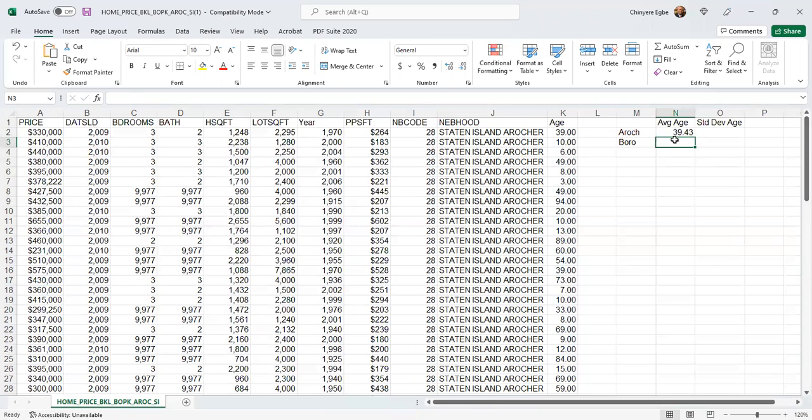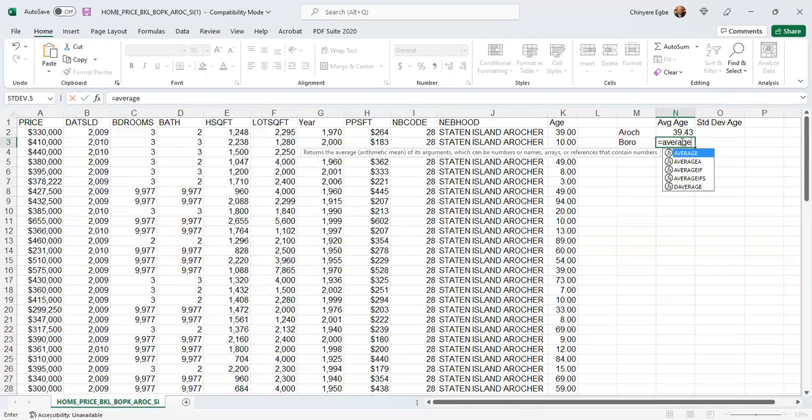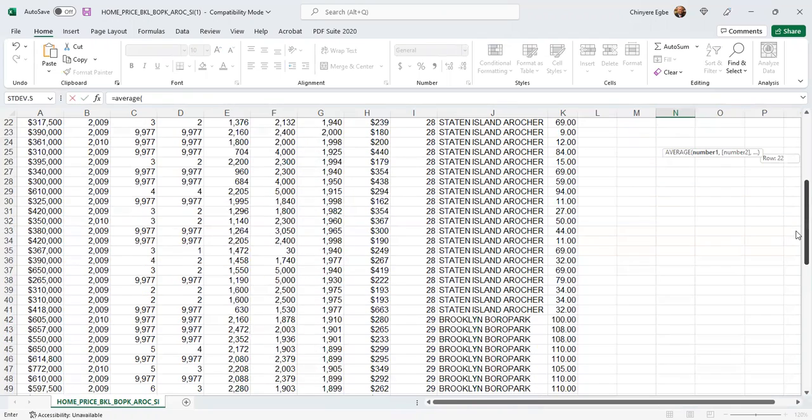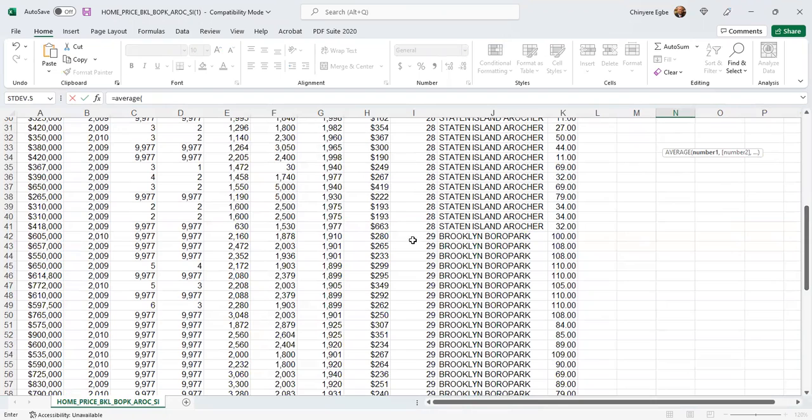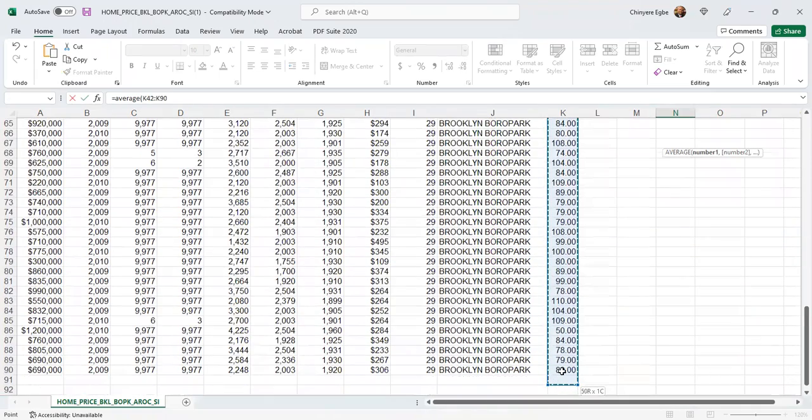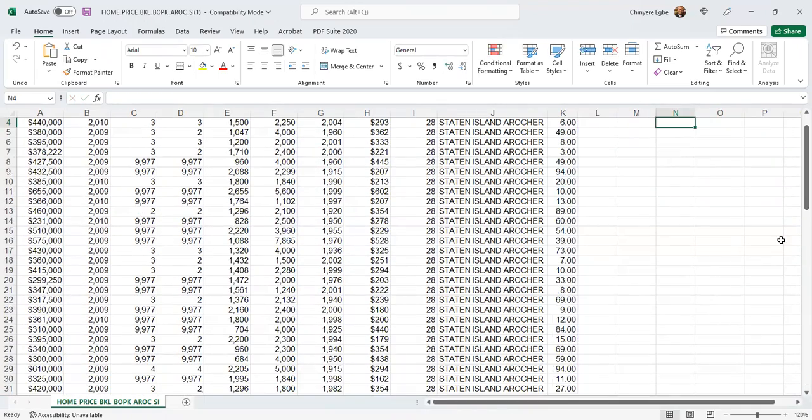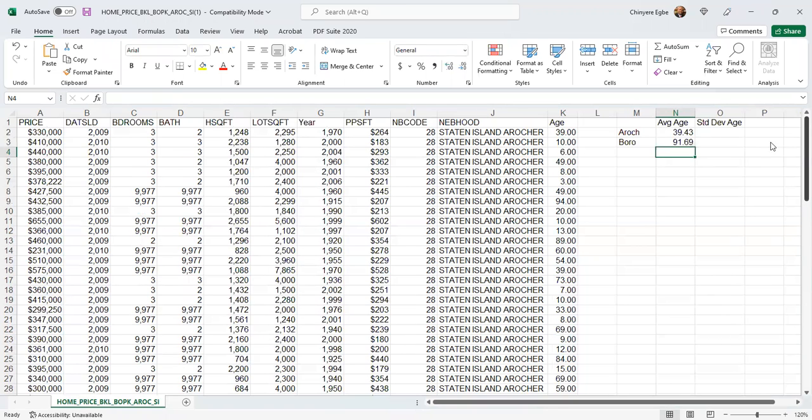For Borough Park, equals average. Borough Park starts here. All right. So we have average age.